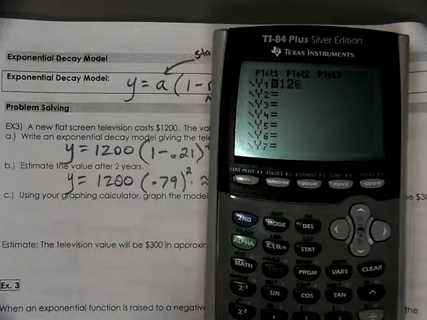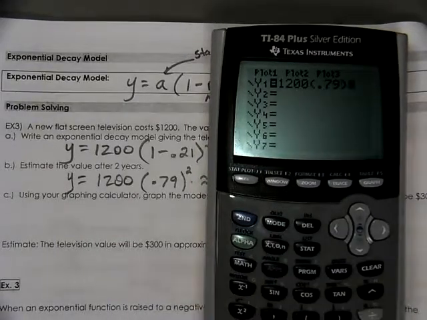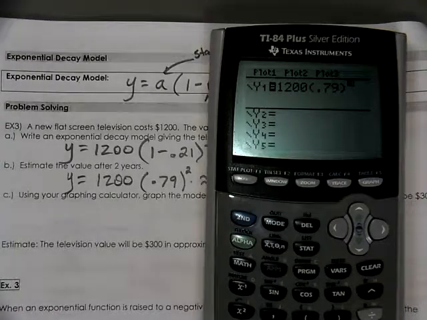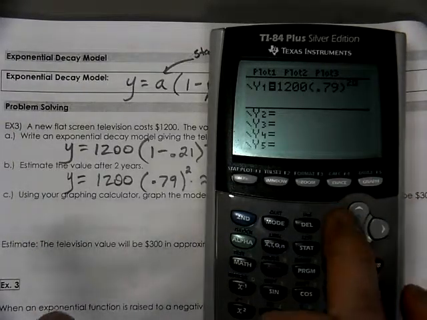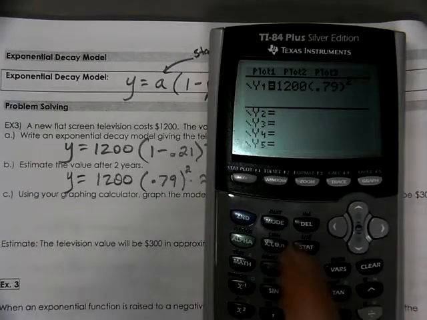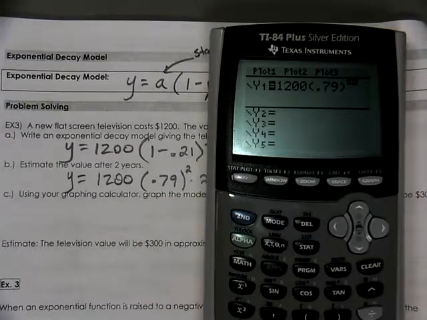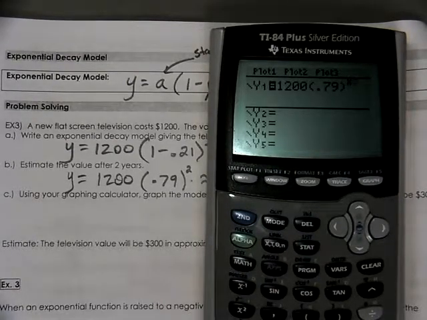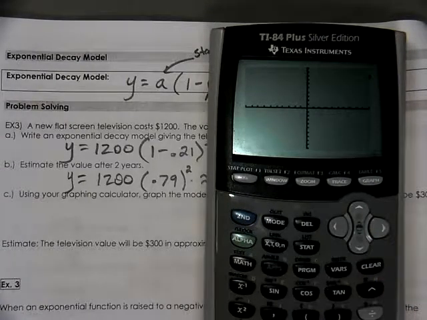We'll type in 1200 times 0.79 to the... false alarm. Not the second power. We're not trying to figure it out after 2 years. We put an X in that spot because we're doing a graph. We want to see all the points. We know exactly what it is after 2 years. So we can graph that.